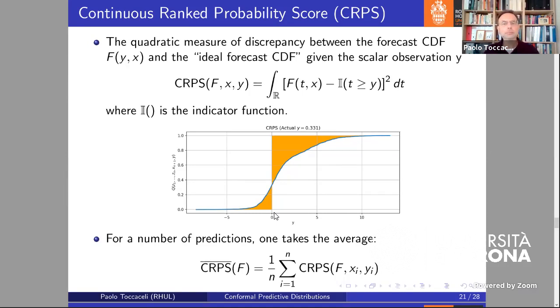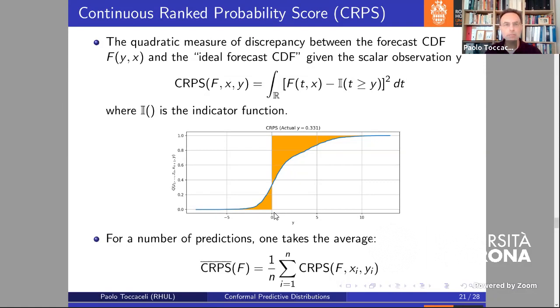So, getting to the other method that I wanted to talk about, the continuous ranked probability score. This looks at the predictive distribution in its entirety.